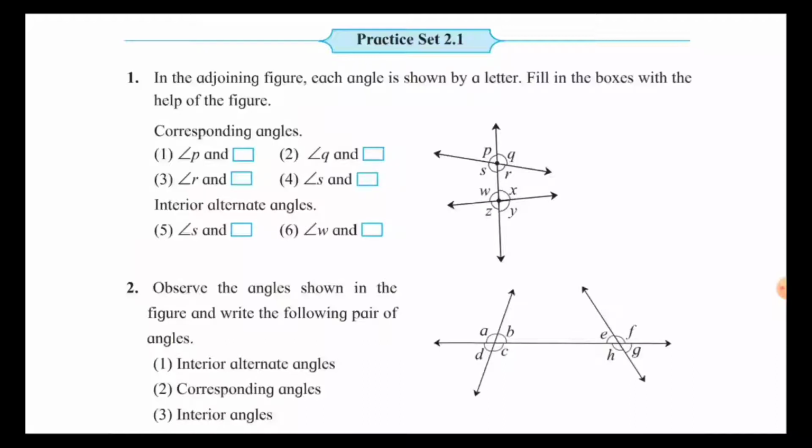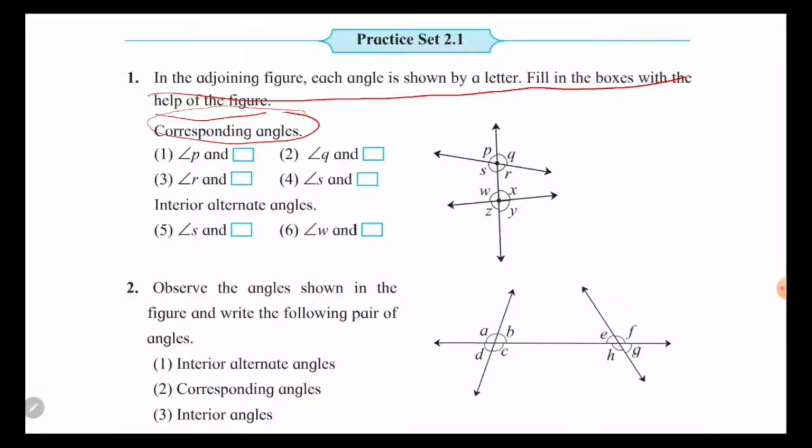So now we will be starting our practice set 2.1. What is the first question? I'll read it for you all. In the adjoining figure, each angle is shown by a letter. Fill in the boxes with the help of the figure. You can see that we have to write the corresponding angle.